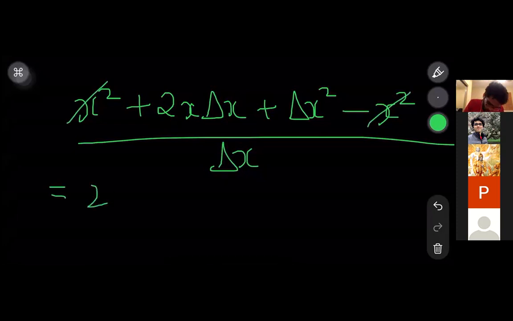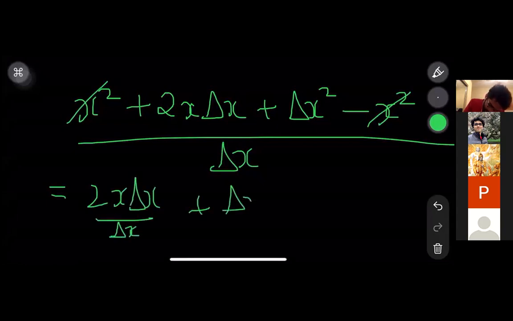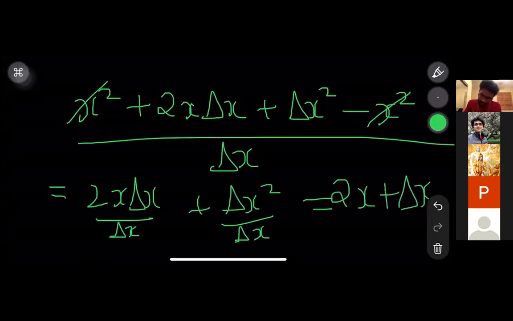You are left with 2x delta x over delta x plus delta x squared over delta x. I'm just splitting the fraction into 2 for simplification. So this becomes 2x plus delta x. This is what we get when we simplify the formula to calculate the derivative of the function.